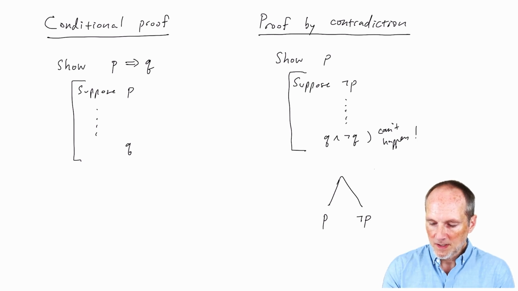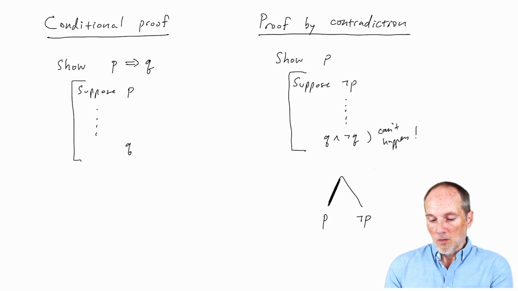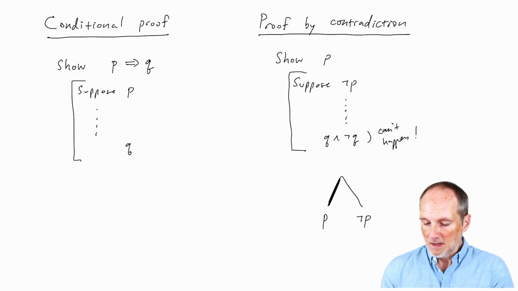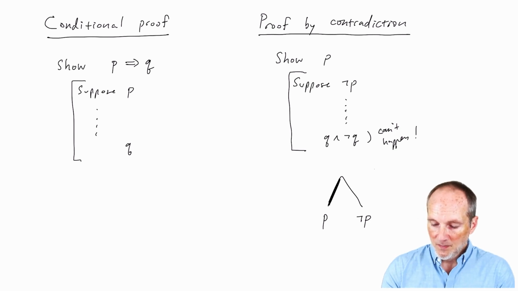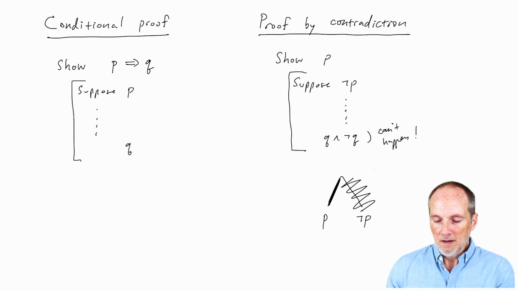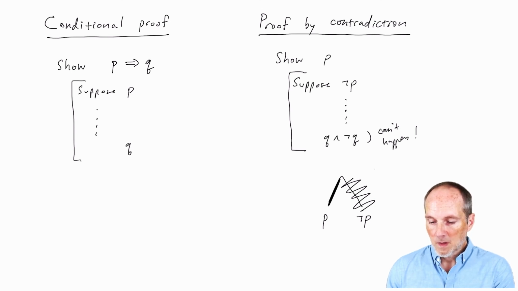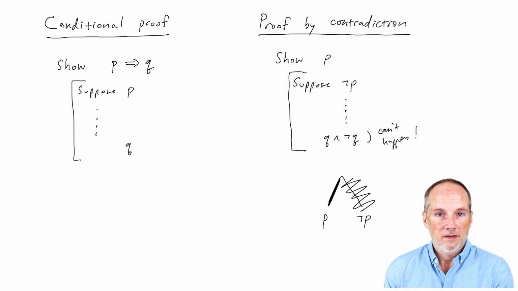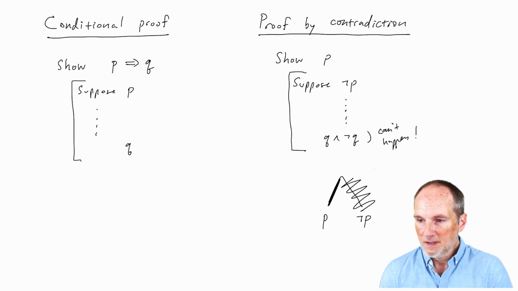We want to show that it's true. What a proof by contradiction does is it shows that this right branch, where P is false, can't happen. Okay? It's really just proof by elimination. We do this all the time, right? We deduce things by elimination, and that's all proof by contradiction is. Okay, so it's not really that mysterious.